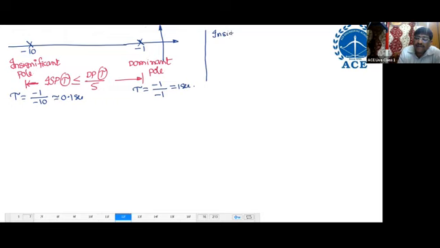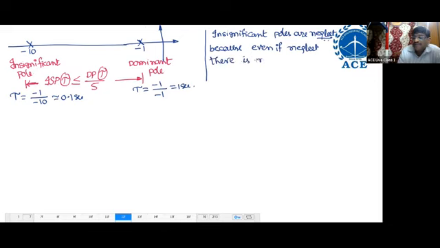Insignificant poles are neglected because even if neglected, there is no much change in the system response.